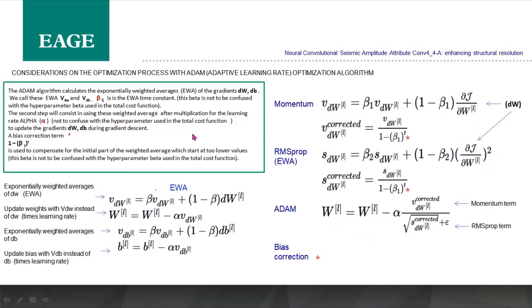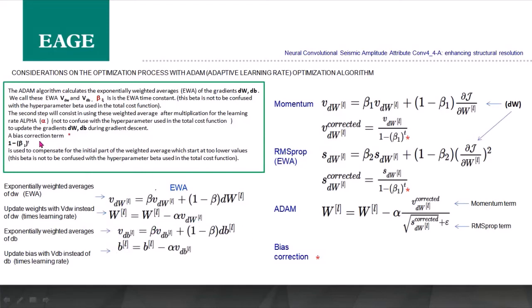The second step will consist in using this weighted average after multiplication by the learning rate alpha, not to confuse with the hyperparameters used in the total cost function, to update the gradients dW, dB during gradient descent, and then calculate the parameters W, B, weight and bias.